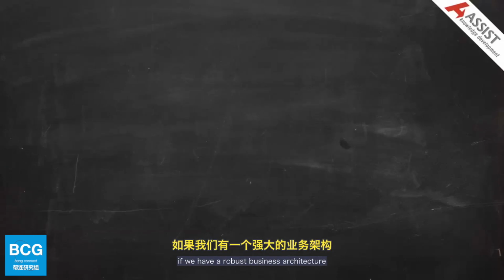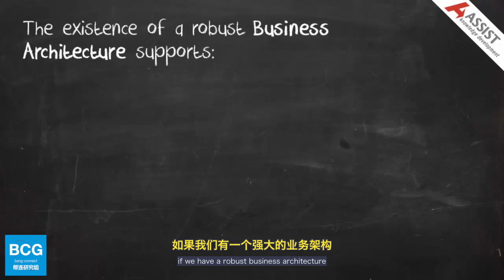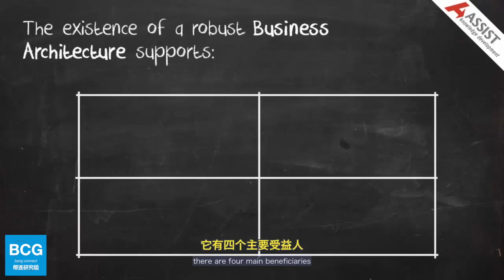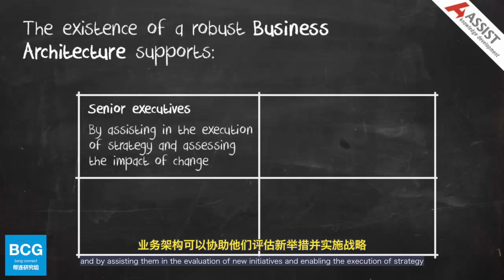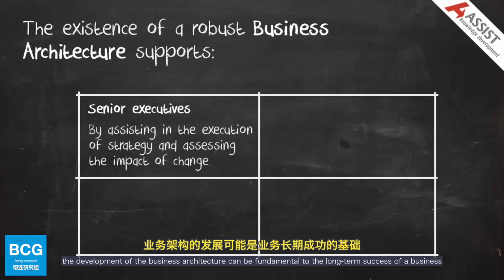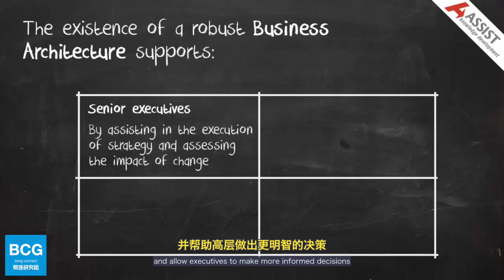If we have a robust business architecture, there are four main beneficiaries of this. First, there are the senior executives of the business, and by assisting them in the evaluation of new initiatives and enabling the execution of strategy, the development of a business architecture can be fundamental to the long-term success of a business and allow executives to make more informed decisions.